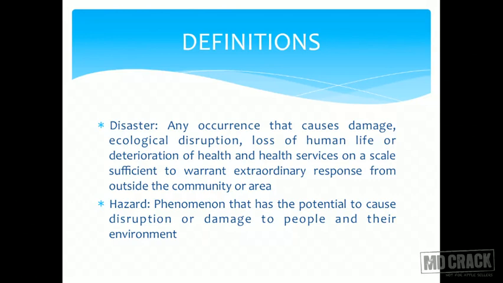What is, on the contrary, a hazard? A hazard is a phenomenon that has a potential to cause disruption or damage to people and their environment. So a thing, an event or a phenomenon which has a potential to cause disruption or damage to people is called a hazard. We just discussed biomedical waste, so that was a hazard.